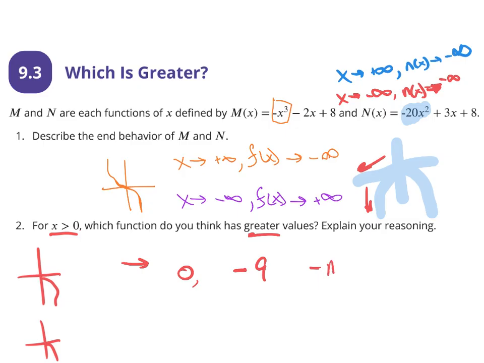So whichever has smaller negative values is actually greater. And n of x, because it's x squared, has smaller negative values. So that one works. If we put numbers in, x cubed goes further away from 0 than x squared does.